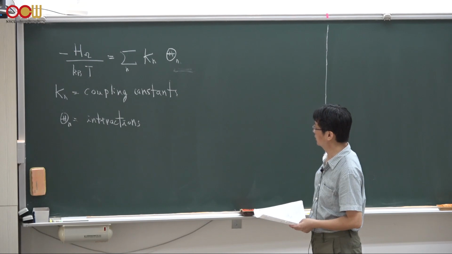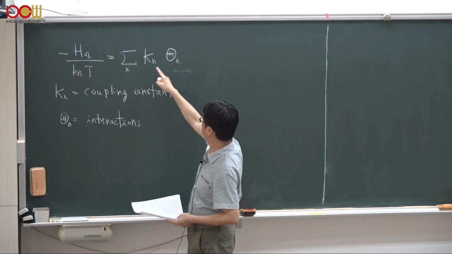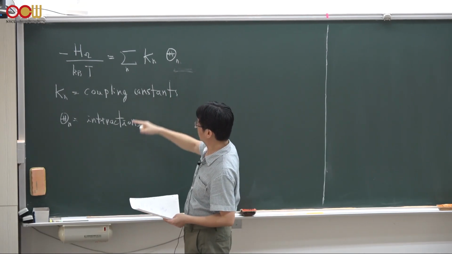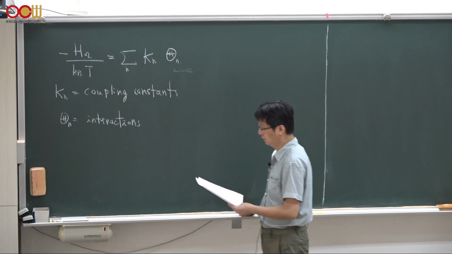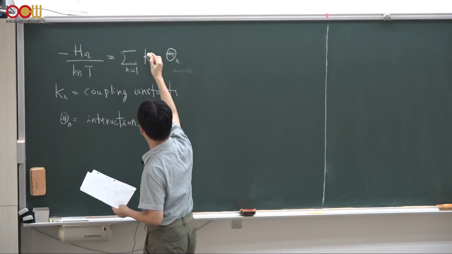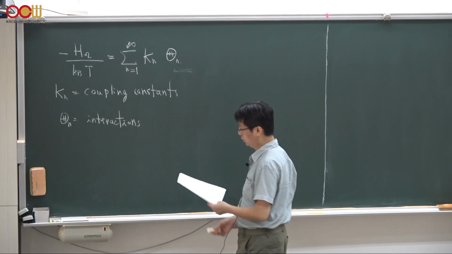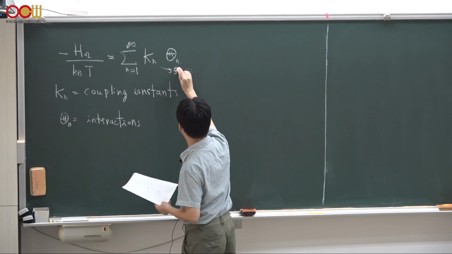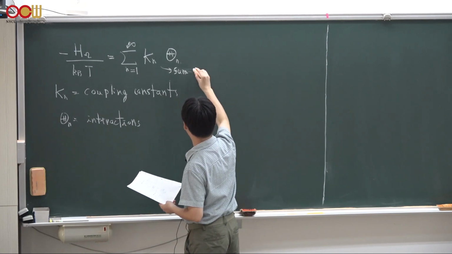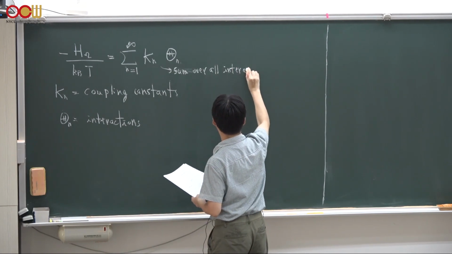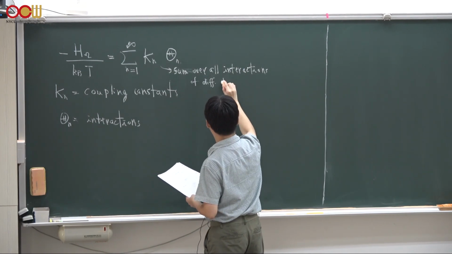The coupling constant K_n refers to the coupling strength of this interaction theta_n, and n refers to some kind of degrees of freedom of your system. So you can sum over all degrees of freedom with all possible interactions of different degrees of freedom.